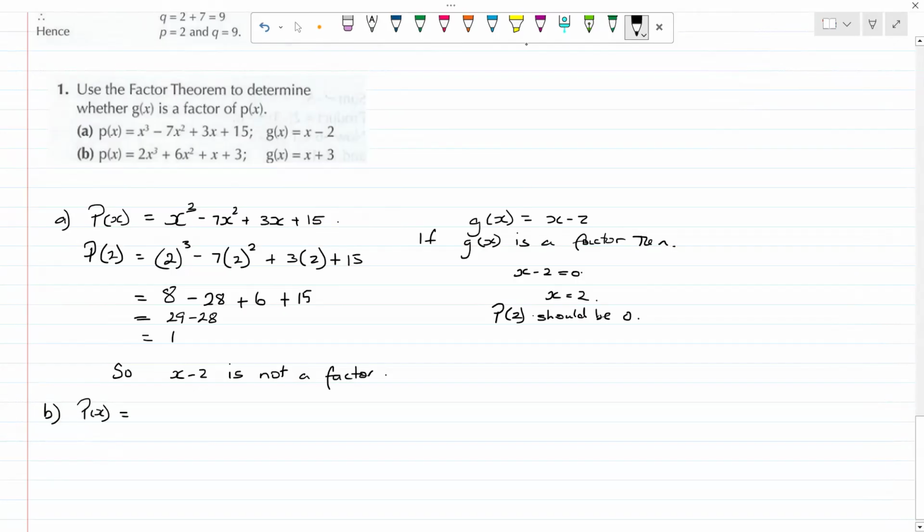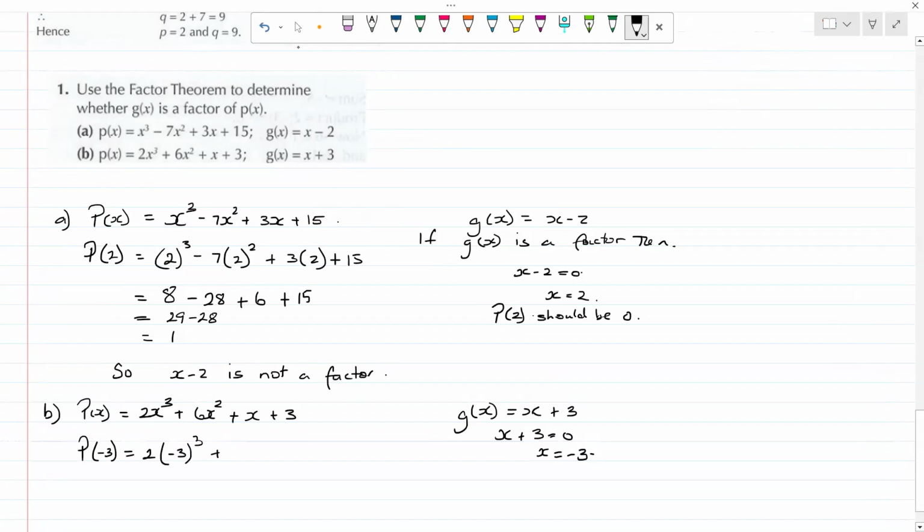All right? Let's try B, when we have p of x is equal to 2x cubed plus 6x squared plus x plus 3. And we have g of x is equal to x plus 3. So x plus 3 is equal to 0. x is equal to -3. So if we sub here, 2 into minus 3 cubed plus 6 minus 3 squared plus minus 3 plus 3.